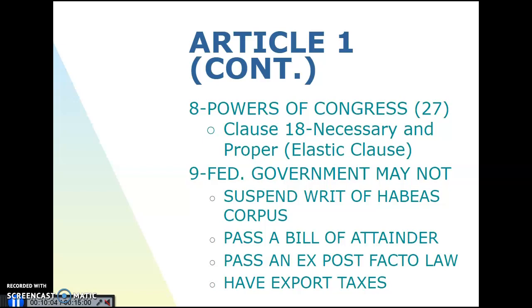This power gives Congress the ability to use the power any way they want. They can fit other things into this power, so it allows them to stretch and maneuver and basically have other powers besides the ones listed there. Okay? It's also called the implied powers. So that's kind of a big one there.